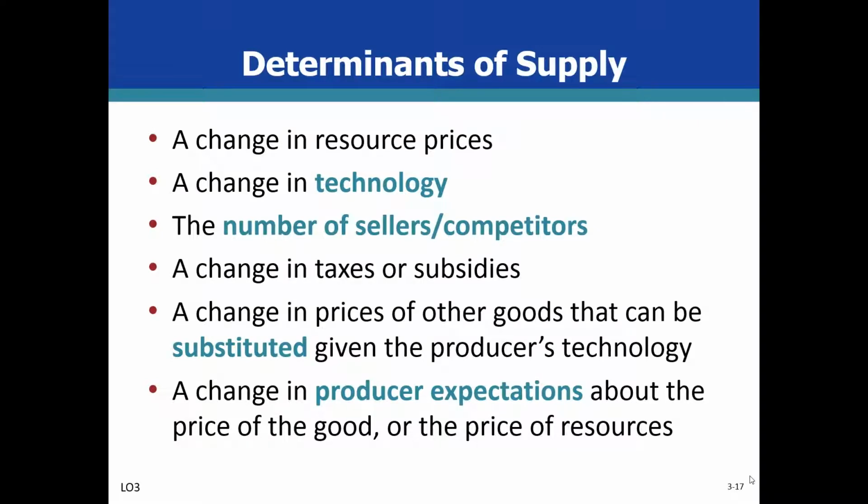If the price of basketballs falls and the demand falls for basketballs, they may shift their production and increase the supply of soccer balls. Okay, so if stuff can be substituted within the producer's technology, a change in the price of other goods will shift the supply of the substitute good within the producer's technology.